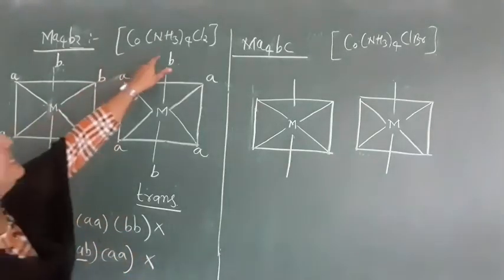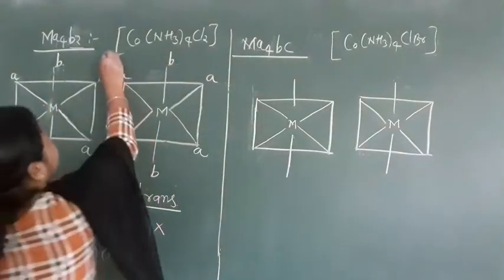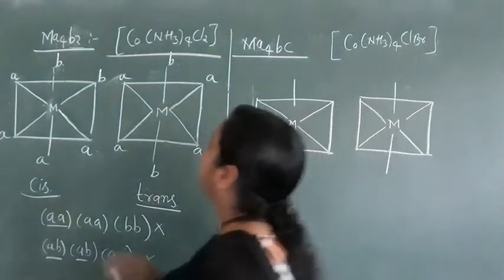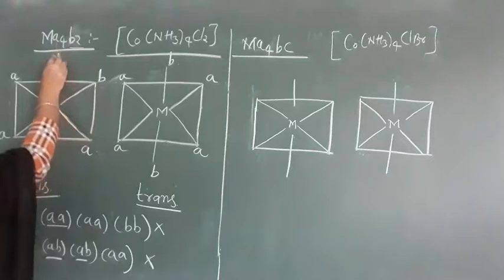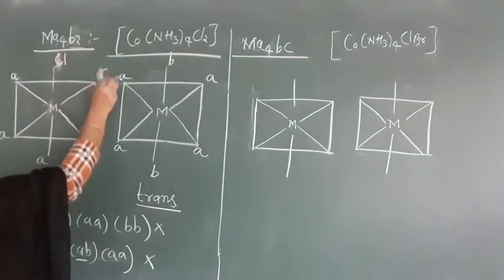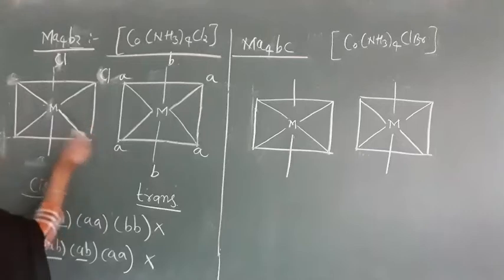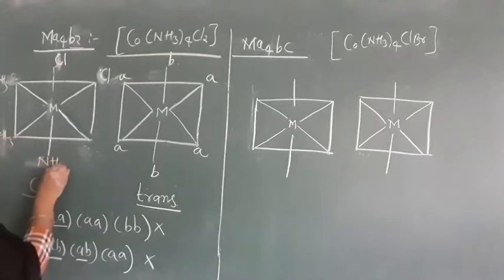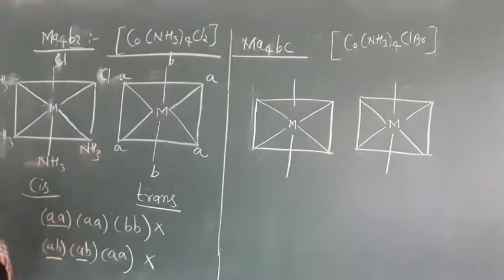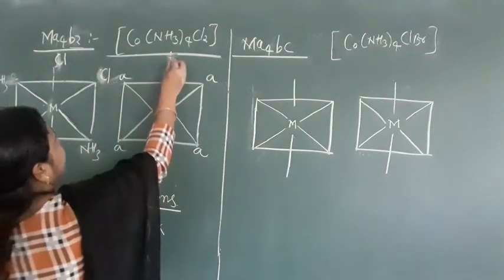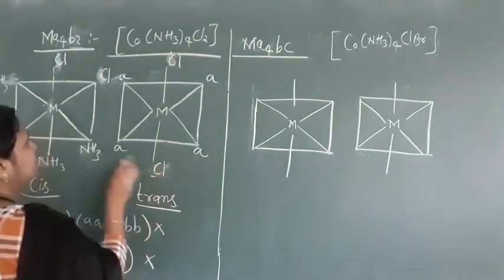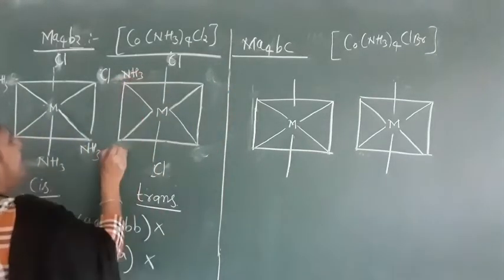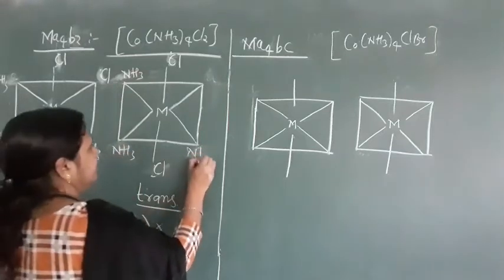An example is [Cu(NH3)4Cl2]. In a theory exam they will ask you to draw the structure, so you should know how to draw it. The two Cl will be in cis position, and the remaining NH3 will be like this. This is the cis form. Next is the trans form, where the two Cl will be trans to each other, and the remaining four NH3 are here.